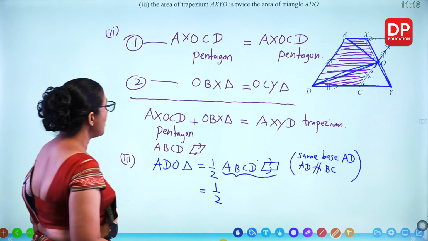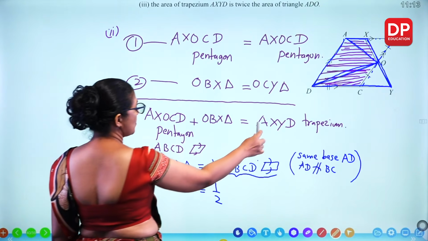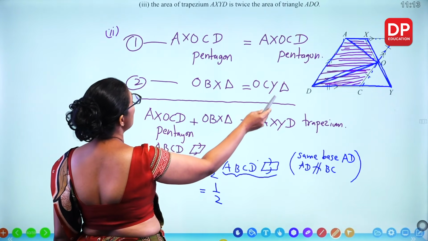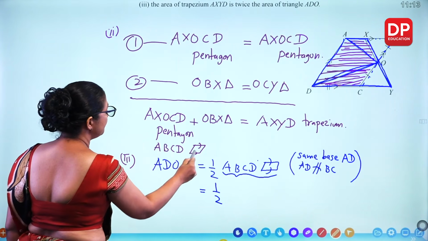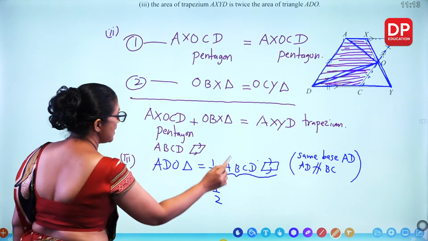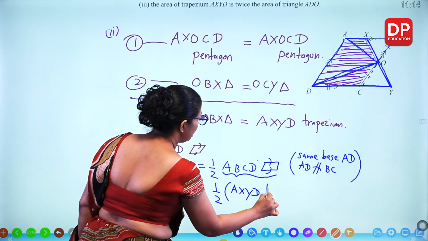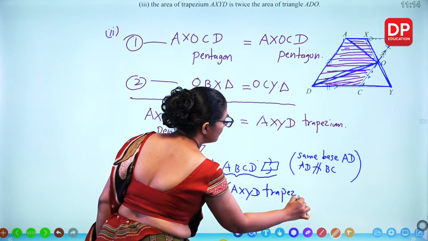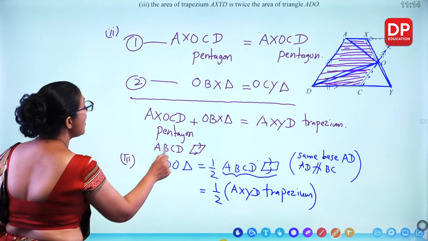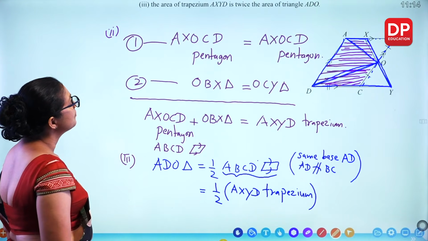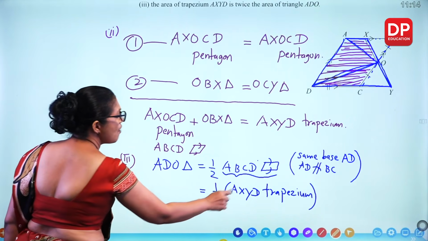And we know this one is same as ABCD. We did that before. ABCD parallelogram is same as AXYD trapezium. So what's the final thing? Area of the triangle is half of this.